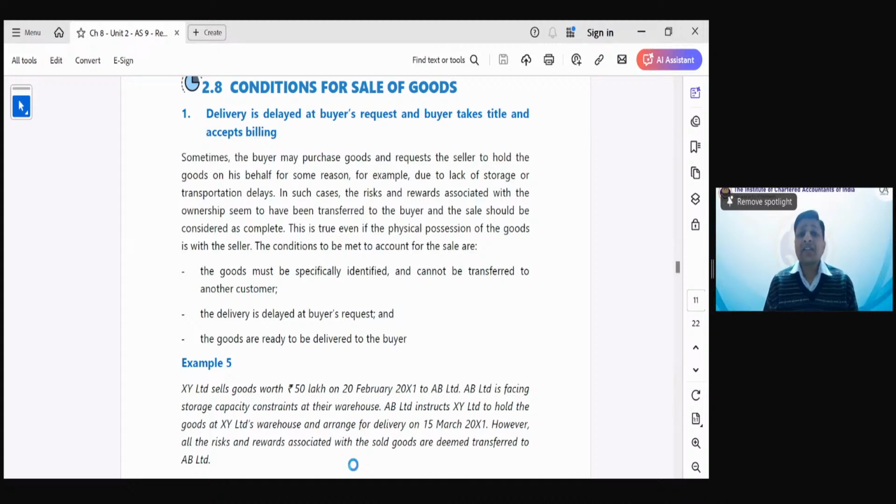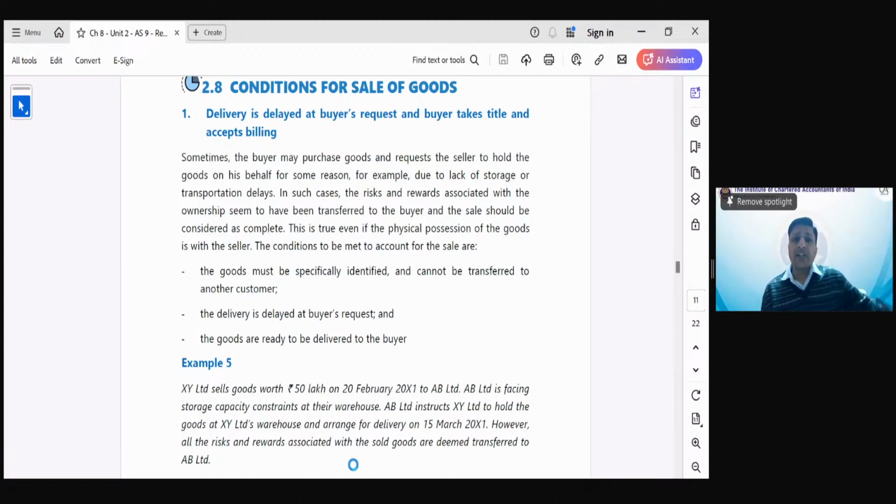In that case, the only thing that the seller should ensure, now we are talking about the seller, is that the goods which are kept by the seller should not be mixed up with other goods of the seller. They should be separately marked. Let's suppose the seller has got 100 goods. 10 are the ones which belong to the buyer.